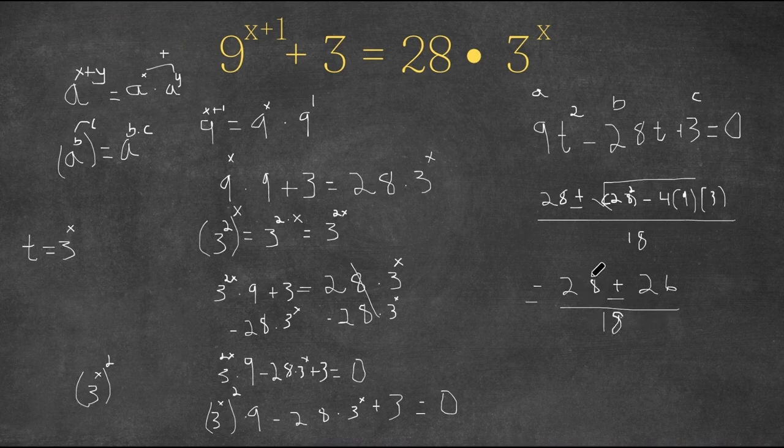Our first equation is 28 minus 26 over 18, and 28 minus 26 is 2. So we have 2 over 18, and this is equal to 1 over 9. So this is our first value of t, 1 over 9.